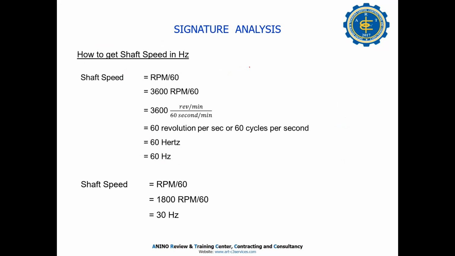This is the computation: RPM divided by 60, because there are 60 seconds per minute. Then you get 60 revolutions per second or 60 cycles per second.